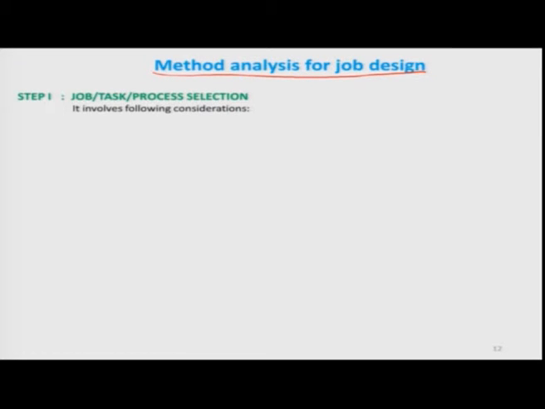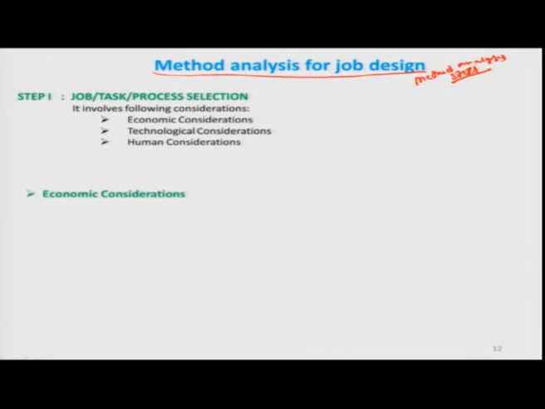So, there are several steps which I have to follow for a method analysis. First step is job and task or process selection. It involves following considerations: economic consideration, technological considerations, human considerations. First I will explain economic consideration. Okay.